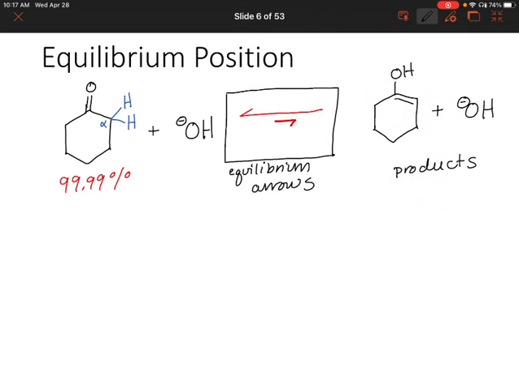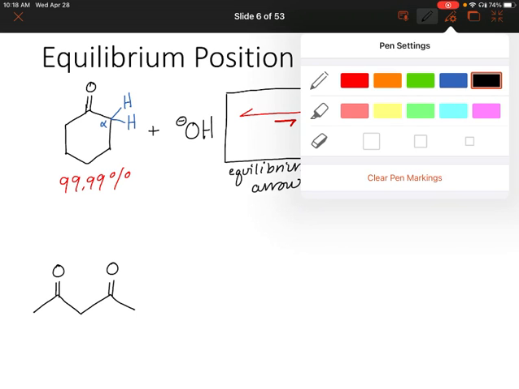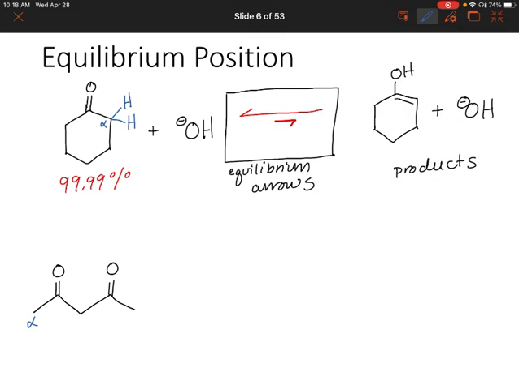But there's always exceptions in chemistry. So what if we have a diketone? So here we have two carbonyl groups, and we have 3 alpha carbons. So if we react this with catalytic base, again, there are 3 different positions that the base could take a proton from.